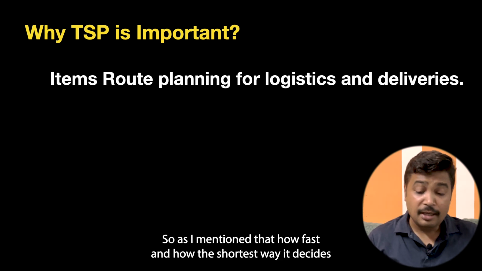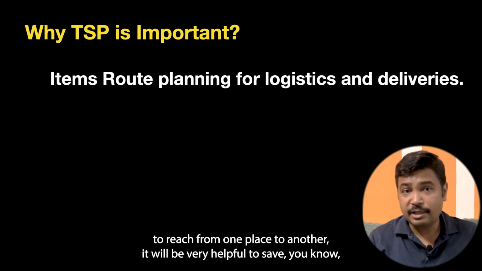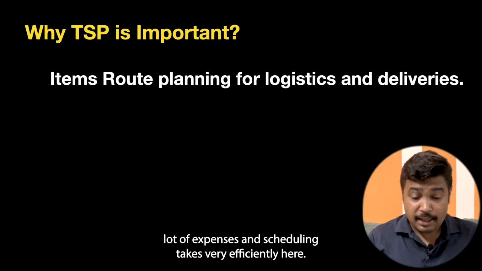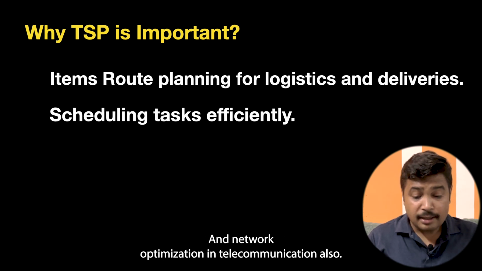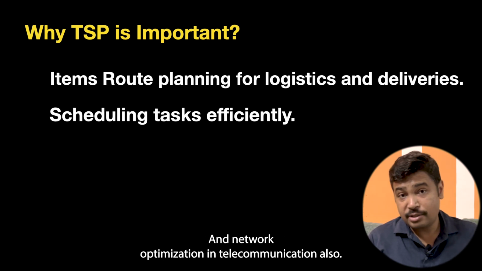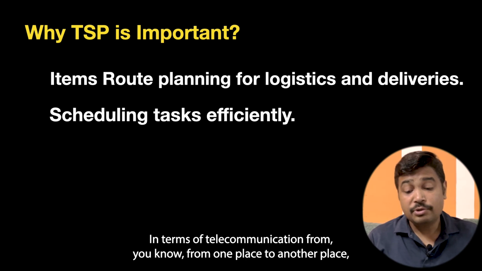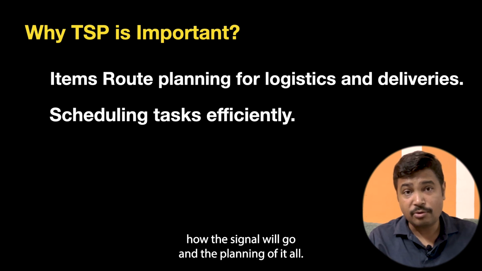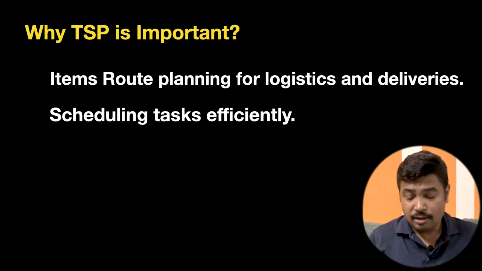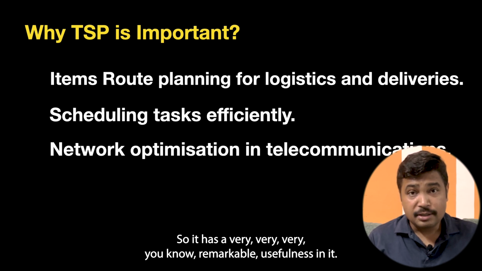As I mentioned, it decides the shortest way to reach from one place to another, which helps save a lot of expenses, and scheduling becomes very efficient. It also helps in network optimization in telecommunication, in terms of how the signal goes from one place to another and its planning. So it has remarkable usefulness.